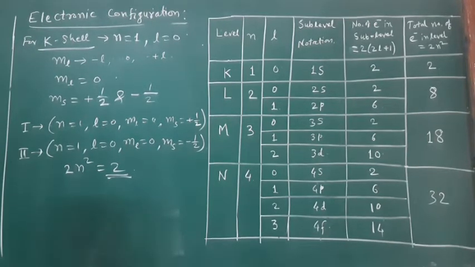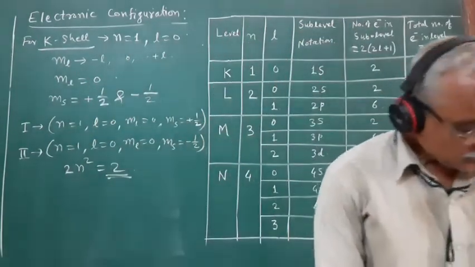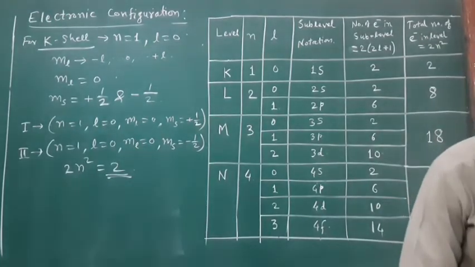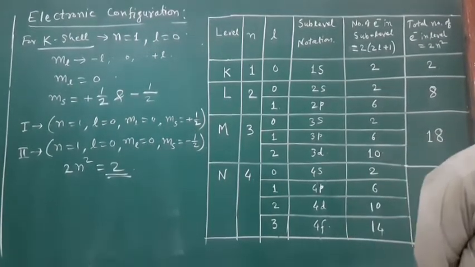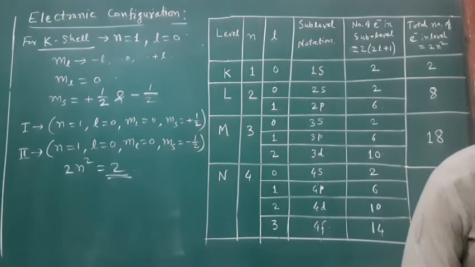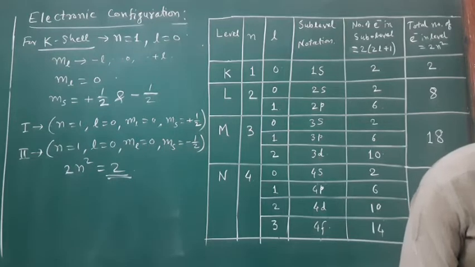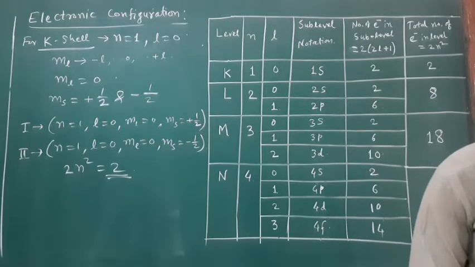The next electron is going to go into the next vacant subshell, and a maximum of 2 electrons can be accommodated in a particular subshell.